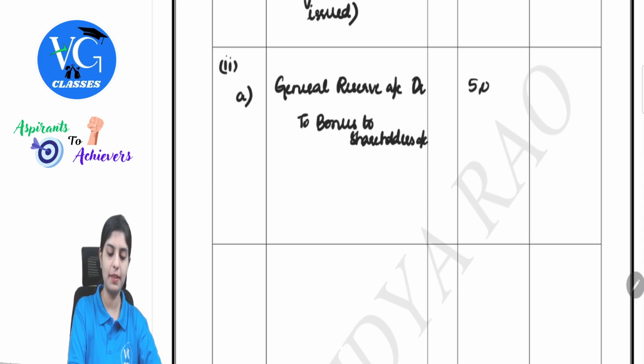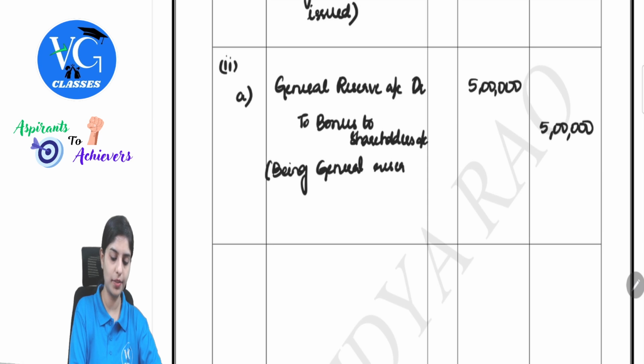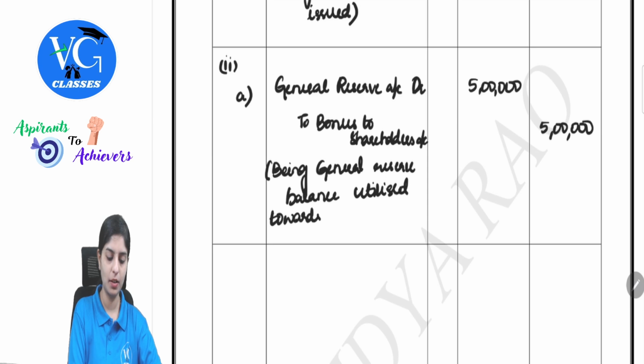How much? 5 lakh and 5 lakh. Being general reserve balance utilized towards bonus issue.